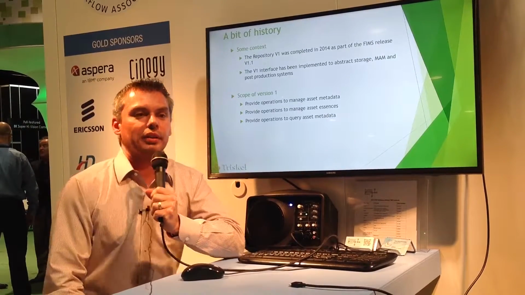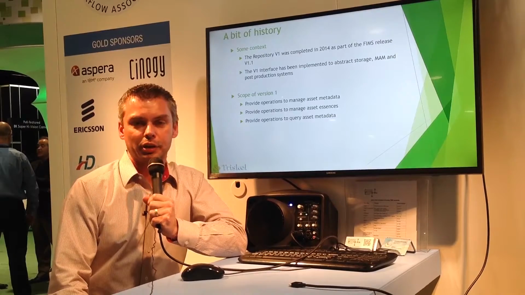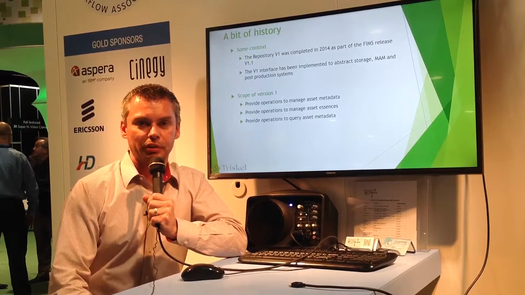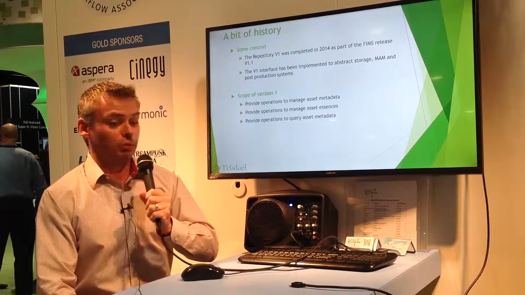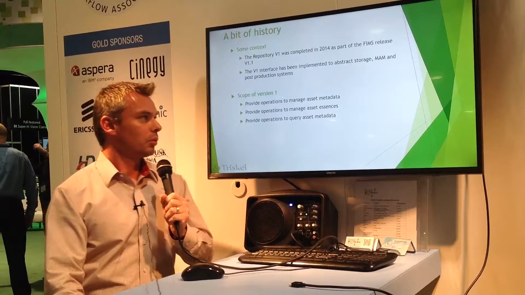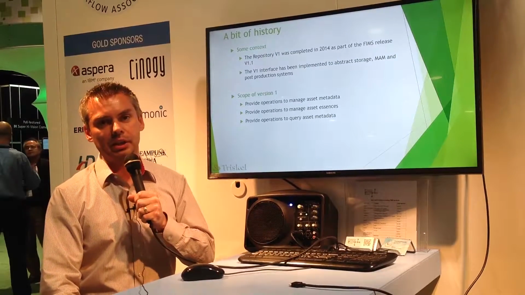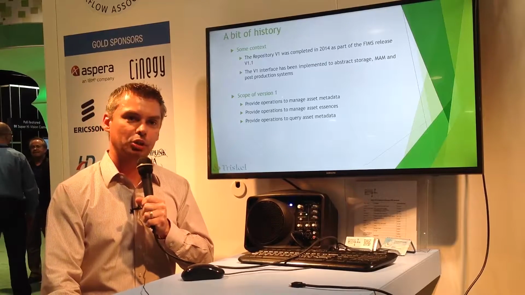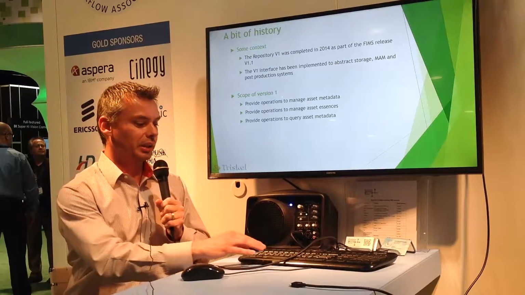Version 1 really implemented the capabilities of exposing a physical repository interface to abstract a system like MAM, regular storage, and post-production system. Within the scope of 1.1, we provided the capabilities of managing essences, to manage object metadata, as well as the ability to query those asset metadata.